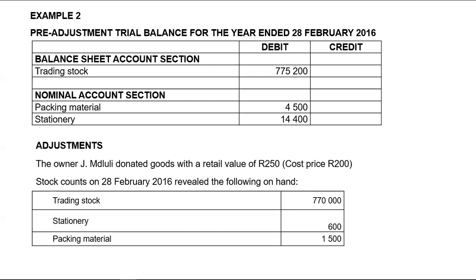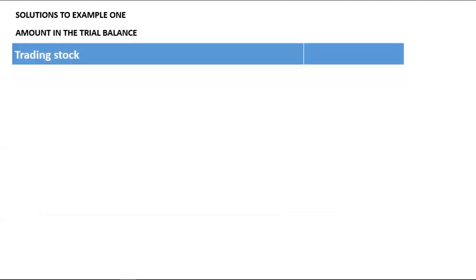So in our trial balance, our trading stock will be sitting at 775,000. How did I get that 775,000? I simply took the 775,200 and I subtracted the 200, which is the value or the cost price of trading stock that has been donated. I do not have 200 worth of trading stock as it has been donated.